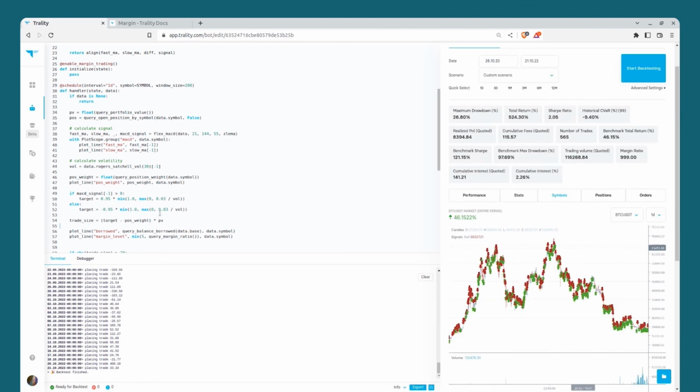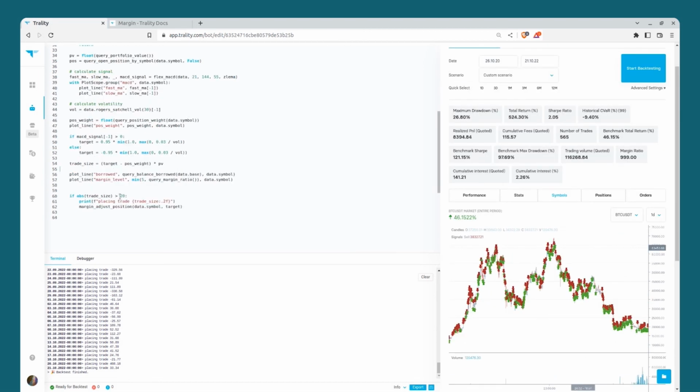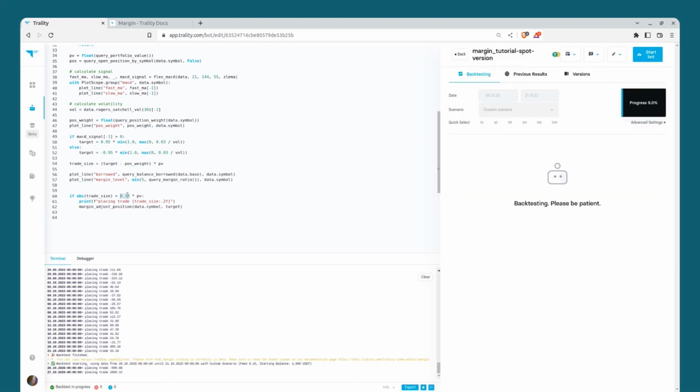If we wanted to trade a little bit less, it's relatively simple to do, we can just set that to be a percentage of the portfolio value. So what we're saying is that we only want to rebalance if the amount of trade size is more than 33% of the total portfolio value.